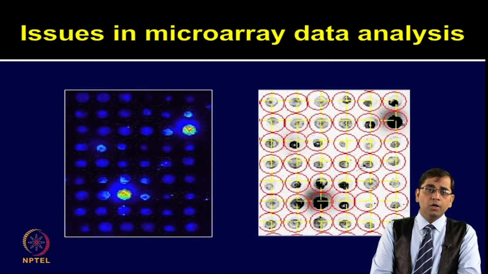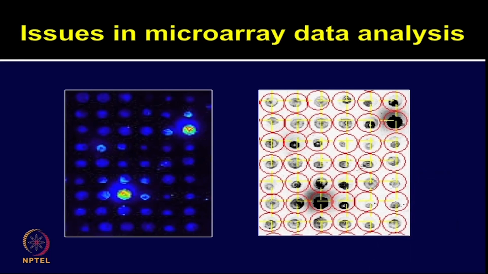The slide shows how protein is diffused to the neighboring spots, and the neighboring spots need to be corrected for data analysis. Similarly, one needs to perform background correction, normalization, and use various parameters to perform good microarray data analysis.